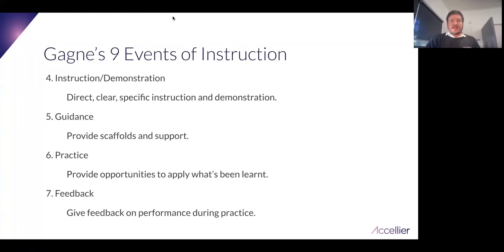And then we move into the guidance phase. That is anything that provides scaffolding and support. It's probably common that the guidance part is happening as part of instruction and demonstration and as part of practice. So anything that helps the learner understand things better. Mnemonics are really good, like the DEDICT model.